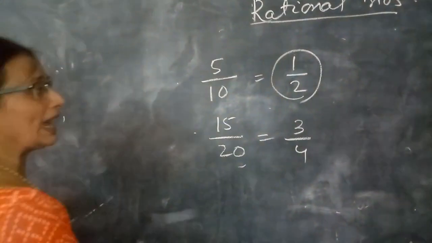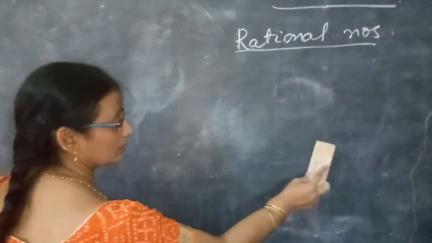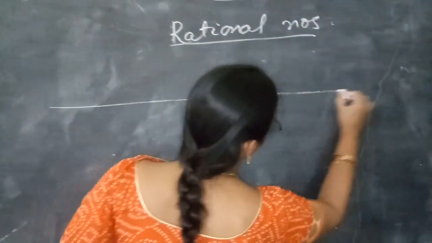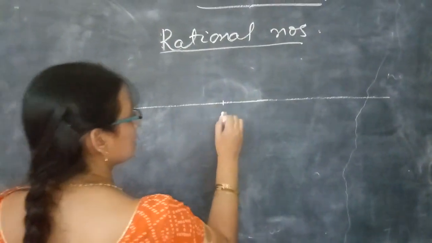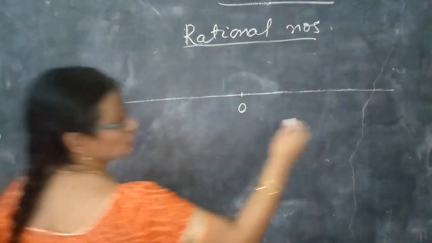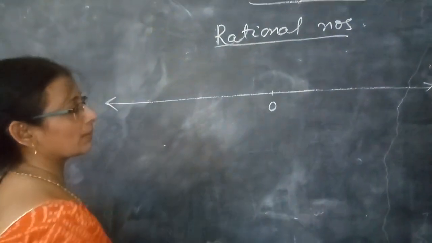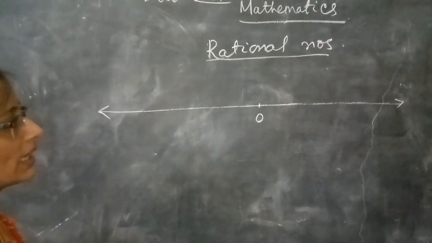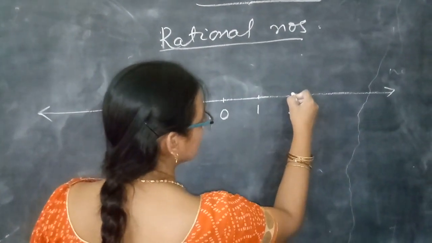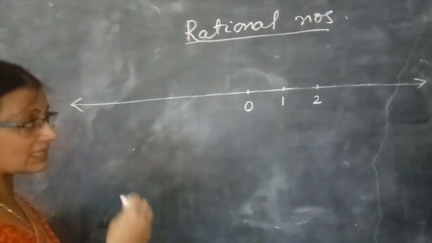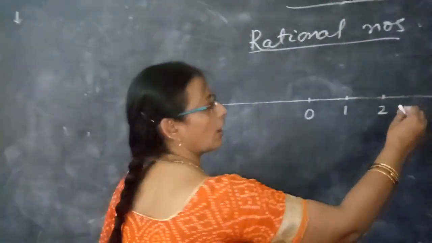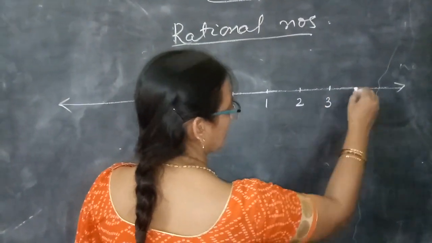So, now we'll represent the rational numbers on the number line. Draw a line, take 0 in the middle. On the right side of 0 are the positive numbers, on the left side of 0 are the negative numbers. As you write down the integers, successive integers will be written at equal intervals on the number line.